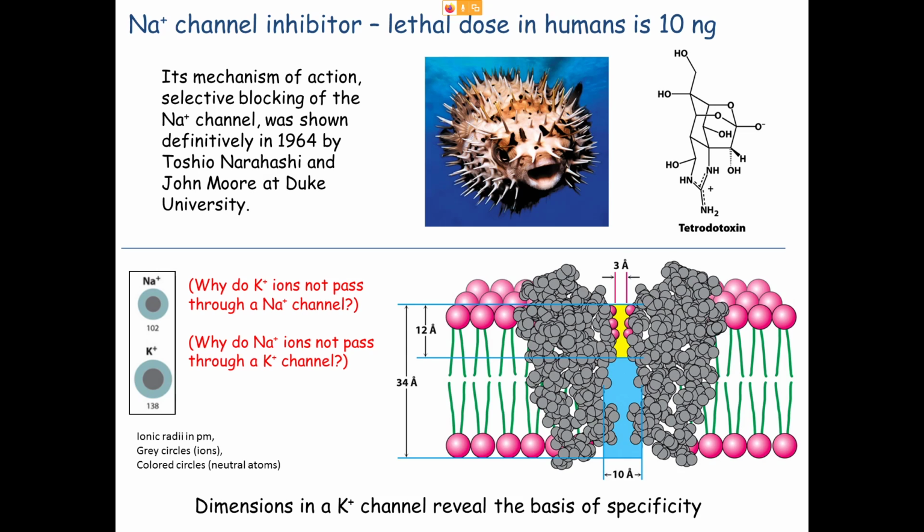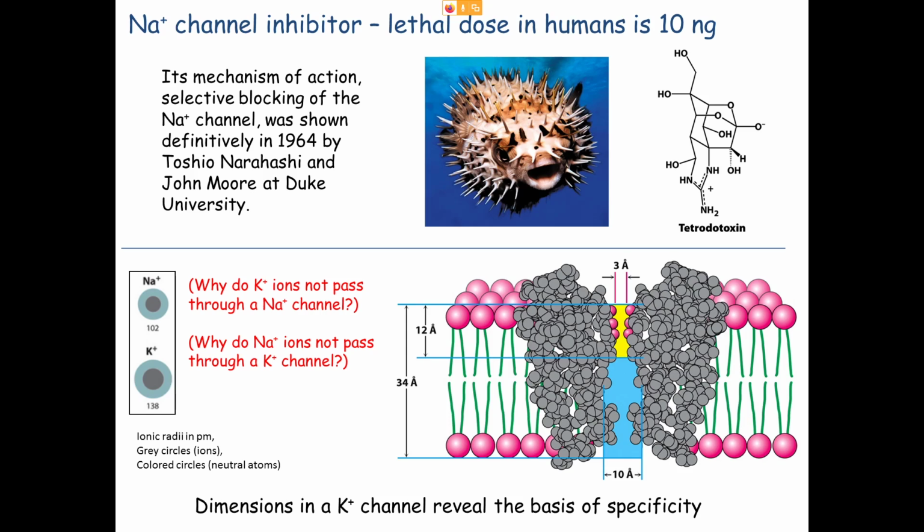So if you look at the diagram of the channel there, this is a typical potassium channel, and it doesn't have to be very narrow all the way across. It's much like the Panama Canal. Most of the Panama Canal is a wide lake and waterway, not very narrow at all. But where it has to go through the locks to pass from the canal itself into the Atlantic or Pacific Oceans, it's got to be very narrow to control the passage of the water.